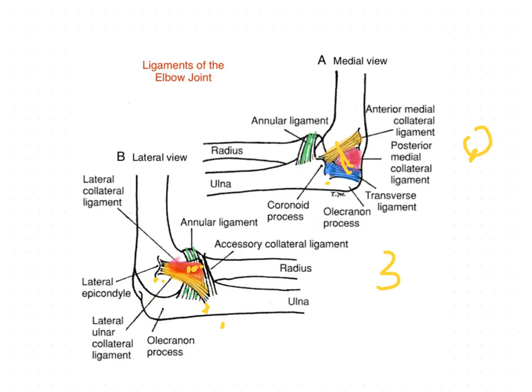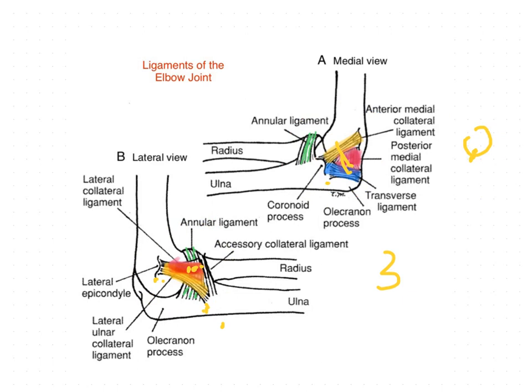So the primary structure which helps against varus stress on the lateral side is the radial collateral ligament, whereas the lateral ulnar collateral ligament and annular ligament act as secondary restraints to the combined forced varus and supination stresses and forced valgus stress. Okay, so these are all the functions of the lateral collateral ligamentous complex.